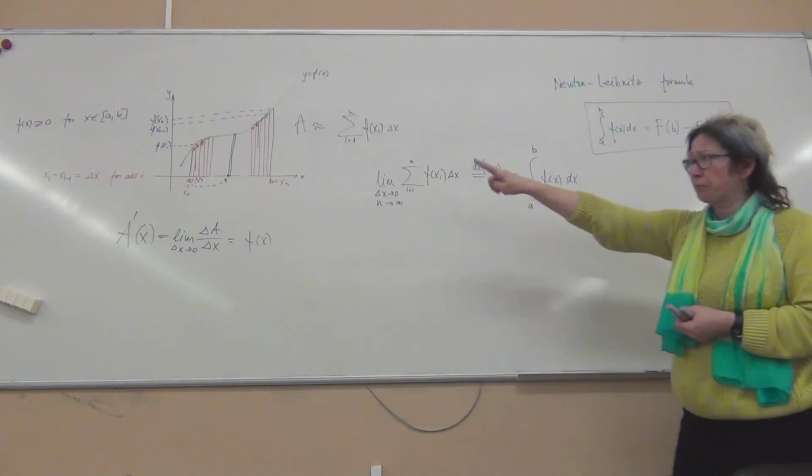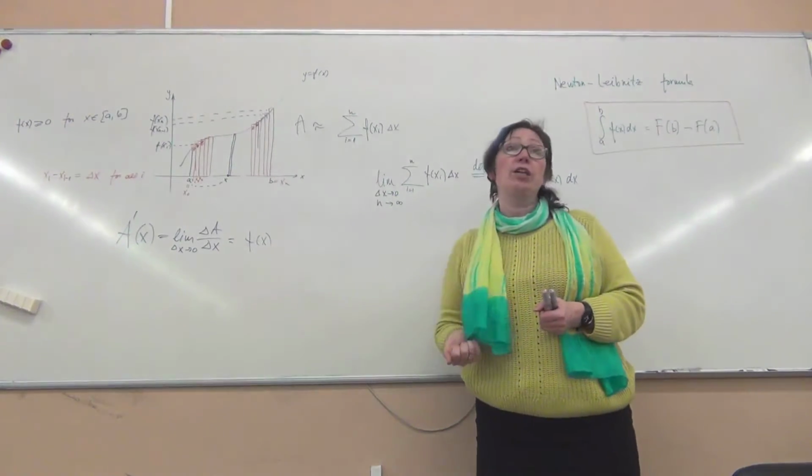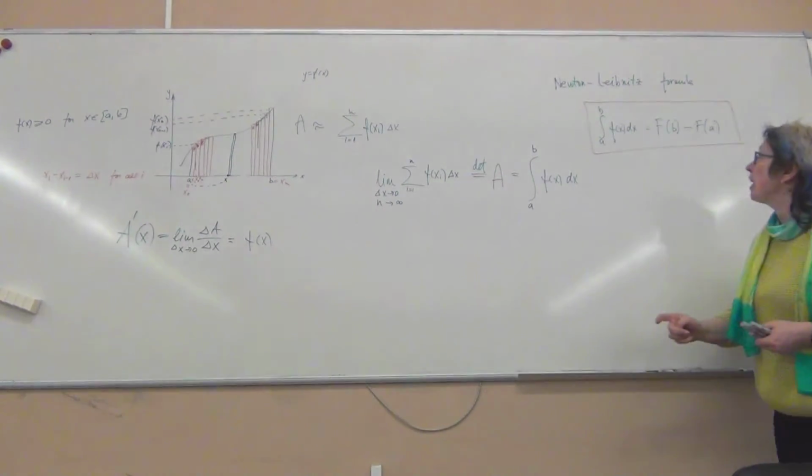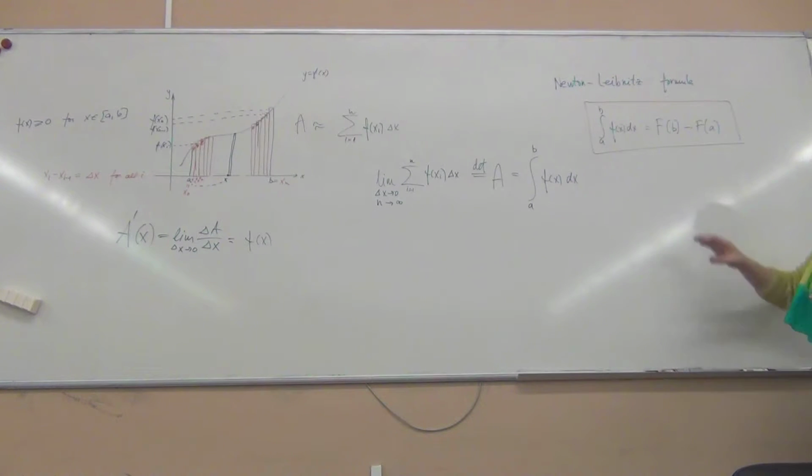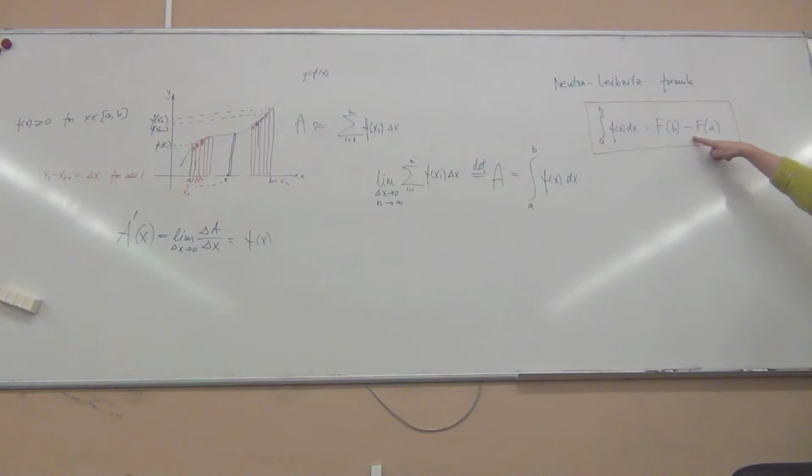And it's the geometrical idea of integration that actually gives us the notation with the integral sign, as you saw. So Newton-Leibniz formula can actually be used to find the area below a curve.